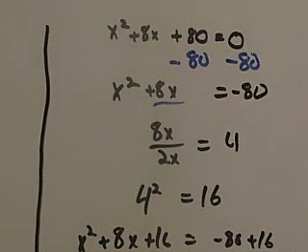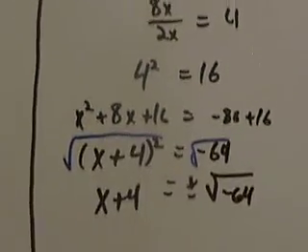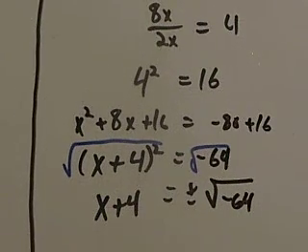Well, the square root of a perfect square is just itself. So this is x plus 4. Okay, and this is plus and minus the square root of negative 64. And then now what are we going to do?